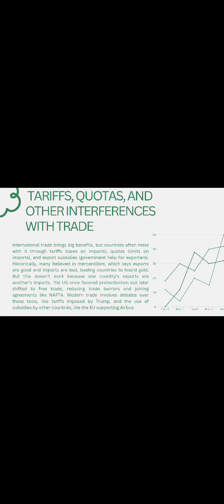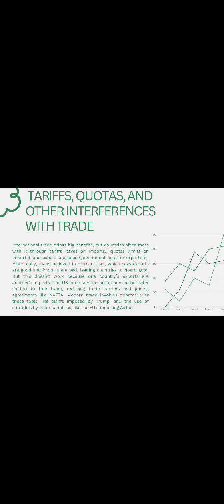Tariffs, quotas, and other interference with trade. International trade brings big benefits, but countries often mess with it through tariffs, taxes on imports, quotas, limits on imports, and export subsidies, government help for exporters.